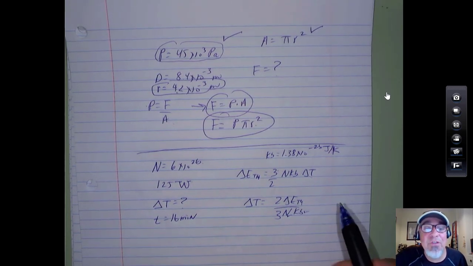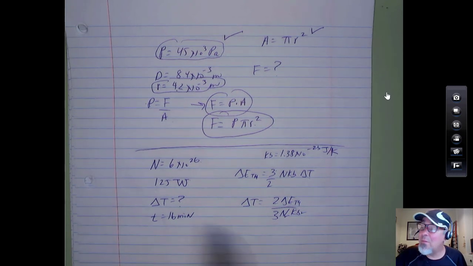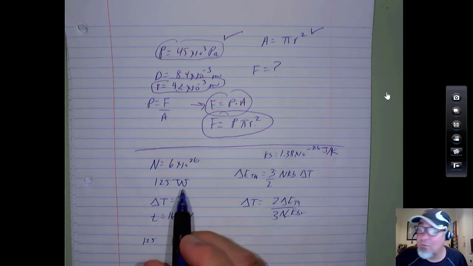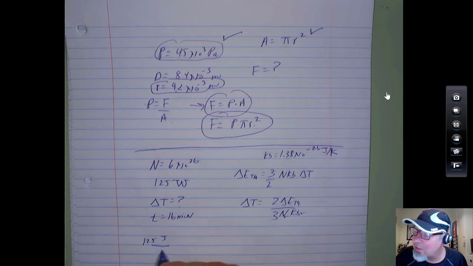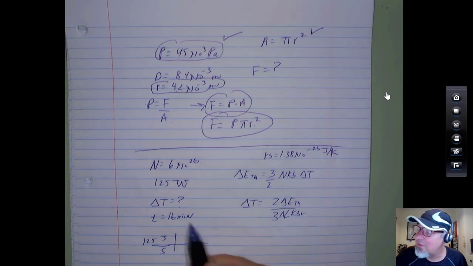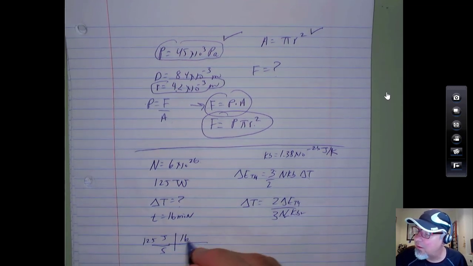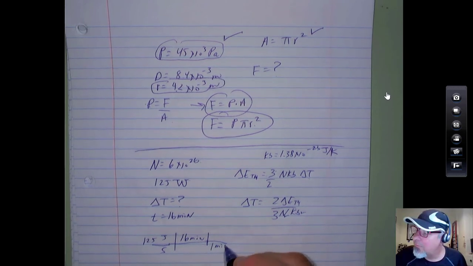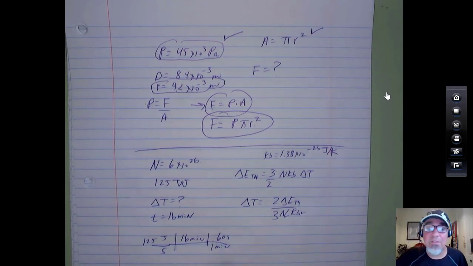How are we going to get the change in thermal energy? Well, we know the power. We have 125 watts, or 125 joules per second. And again, you might have different numbers for this one. And we know the amount of time, 16 minutes. Okay, and then we know 1 minute is 60 seconds. This is the change in thermal energy.